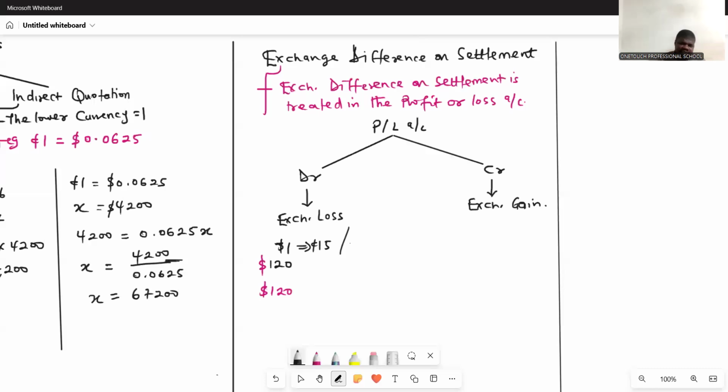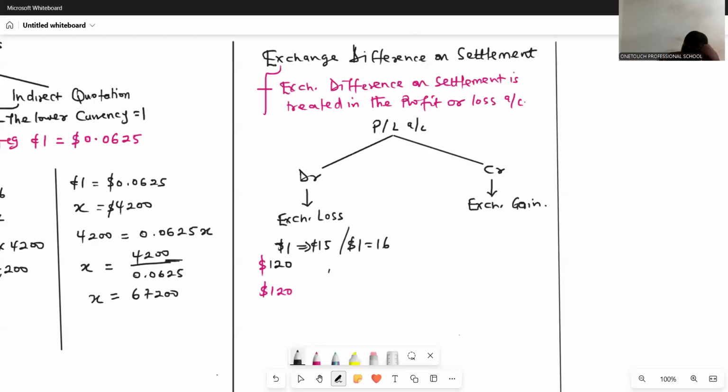Right now, the rate is $1 to 16. Is Onetouch gaining or losing? Onetouch is gaining. Onetouch has an exchange gain. But how will you know?